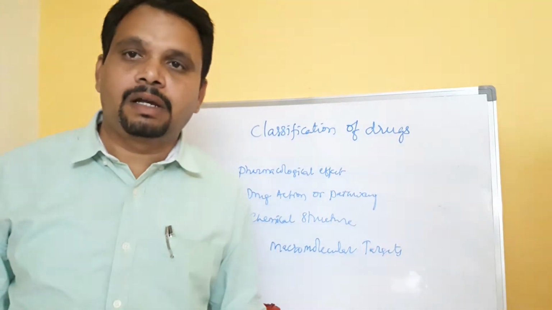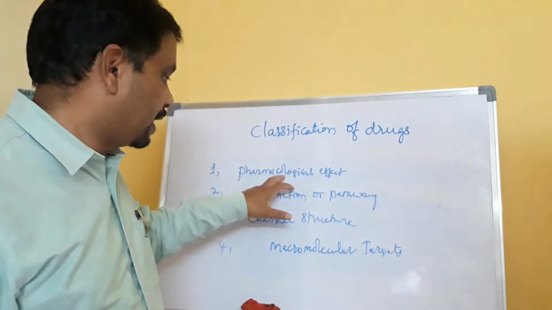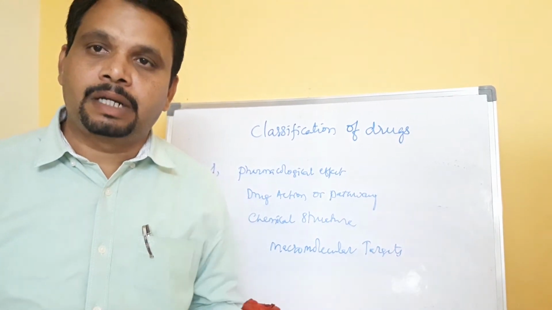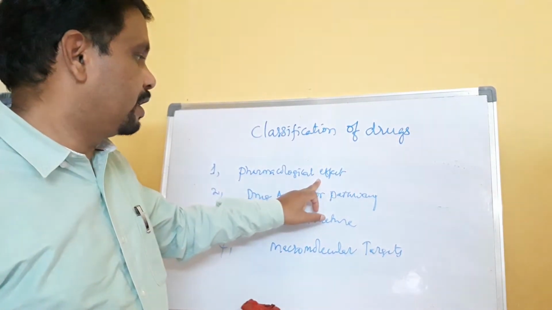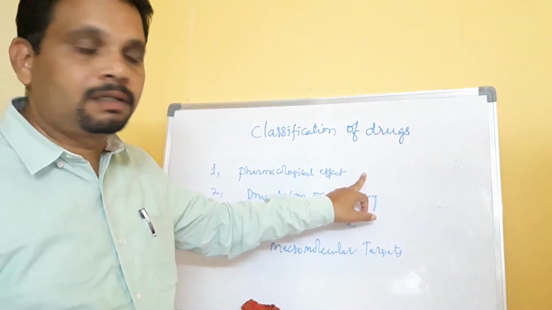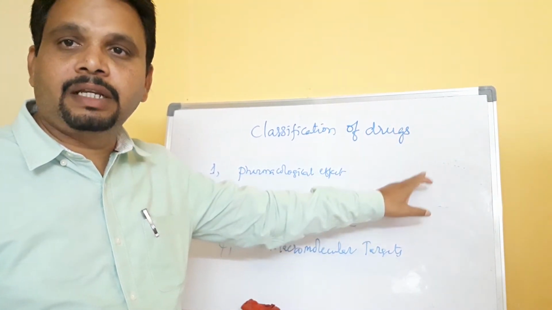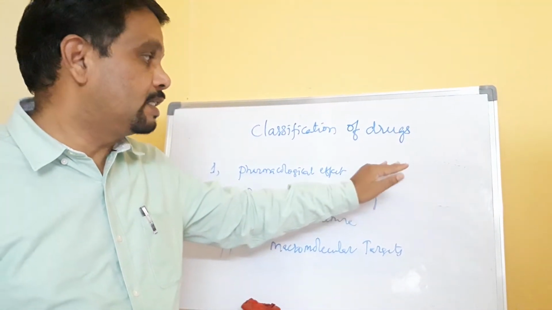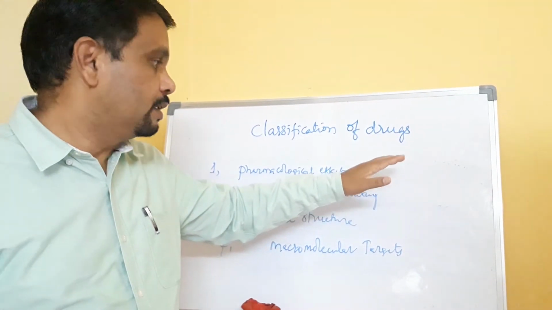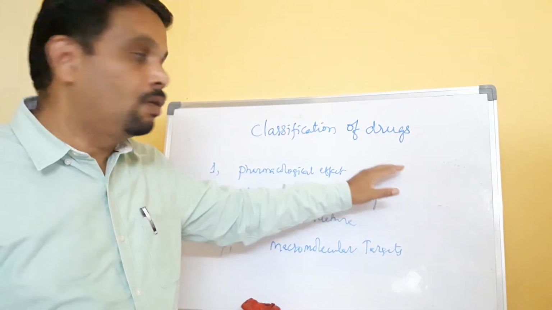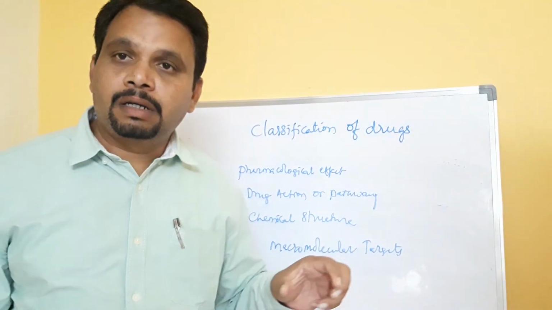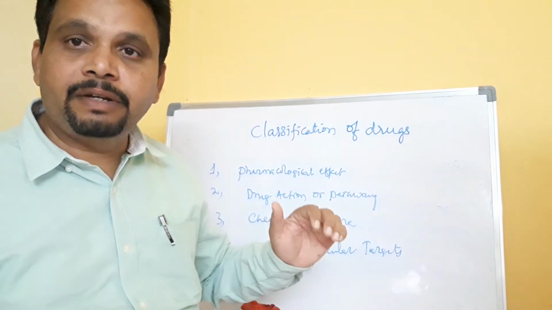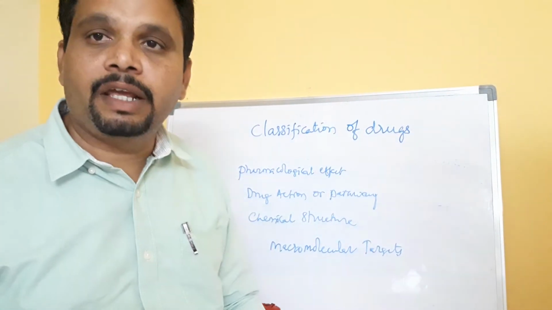So these are the 4 criteria by which we can classify drugs into different classifications. By pharmacological effect, we can classify drugs as analgesics, anti-inflammatory, anti-cancer agents, anti-HIV agents, anti-diabetic agents, and antibiotics. All these classes of drugs are classified based on the pharmacological effect.